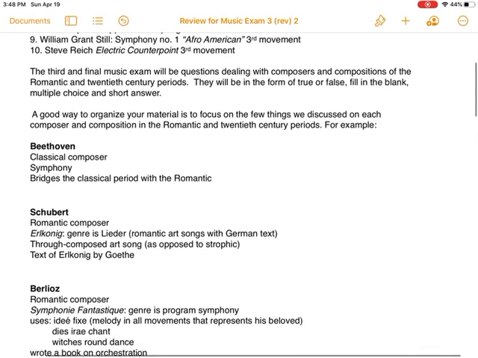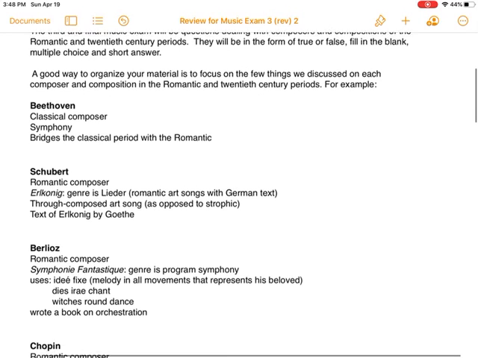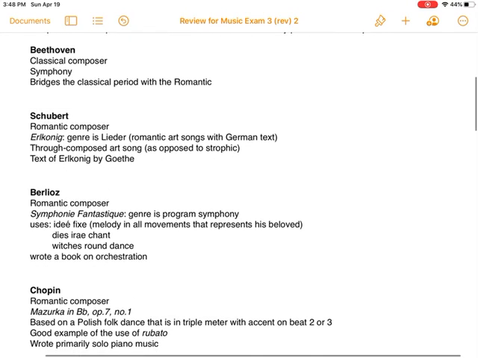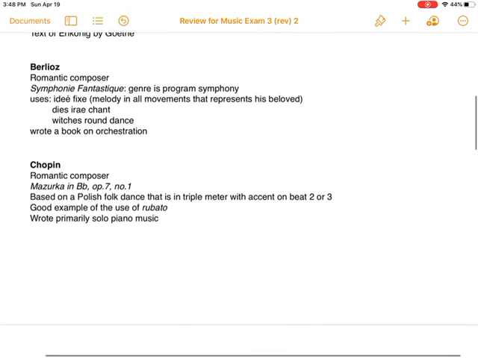A good way to organize your material is to focus on the few things we discussed about each composer and each composition. I lay it out for you there. So as you're doing your listening, as you're doing your reading, these are the main things that you want to remember and focus on concerning each composer.